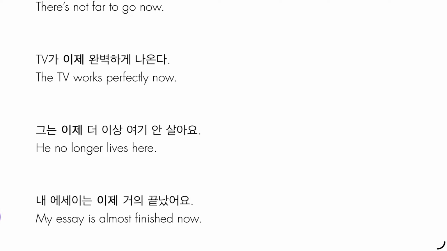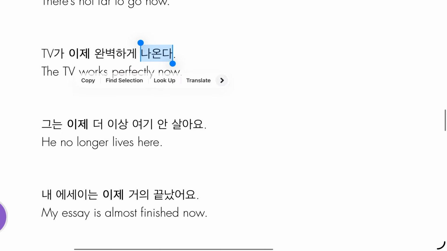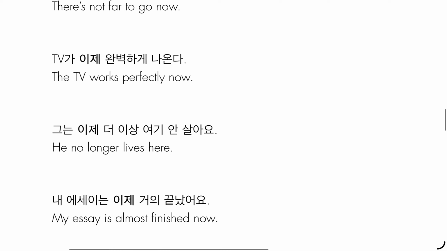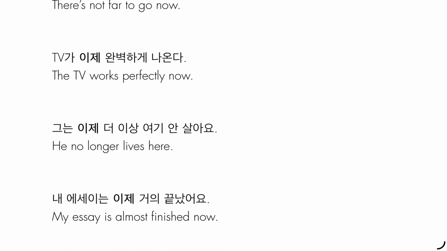But from this moment forward, after I fixed it, it's fine now. 이제, from this moment on, 완벽하게, perfectly, 나온다. It shows up. It appears. The image shows up perfectly now from this moment on. But before this moment, it might not have been showing up. So it just emphasizes that from this point on, it's going to be just fine.